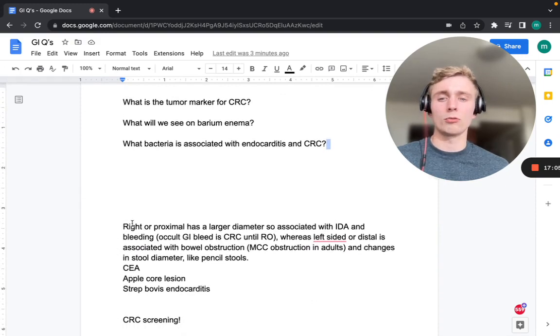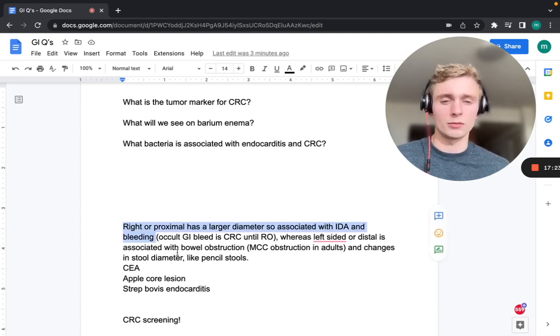Okay, so this is going to be the right, or proximal, which has a larger diameter, so it's associated with iron deficiency anemia and bleeding. Occult bleeding is colorectal cancer until ruled out, especially in an older adult. So right-sided is more common for bleeding, whereas left-sided is more common with a bowel obstruction. That's the most common cause of bowel obstruction in older adults. Left-sided has a change in the stool diameter, so it's more narrow, so there's more pressure.